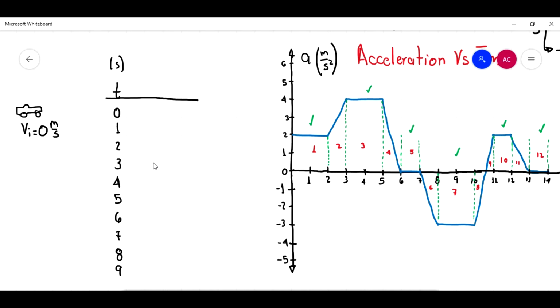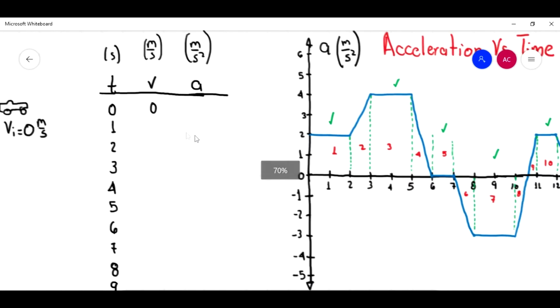Also, I'm going to have velocity. Remember that it's going to begin at 0 meters per second, in meters per second. And also I'm going to have acceleration, in meters per second square. So I'm going to follow this information.